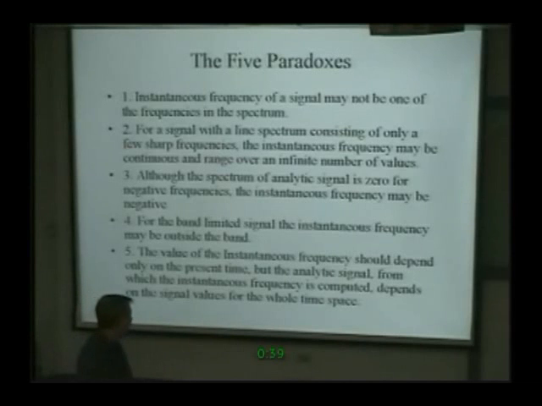If the analytical signal is determined from signal from everywhere, then the derivative cannot be local. In other words, the derivative is influenced by other places. So that is true. So we have all this.